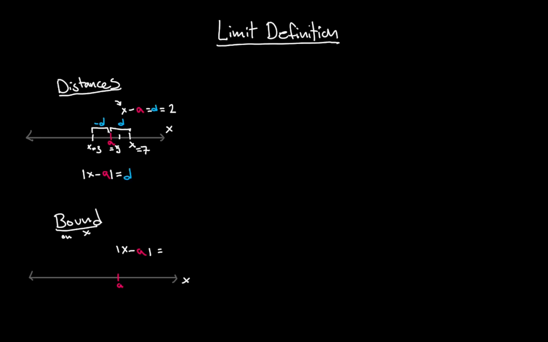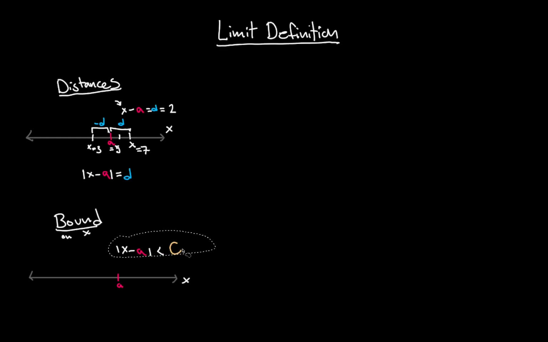But instead of talking about the distance, we'll make it an inequality. So we're going to say the absolute value of x minus a is less than some constant value c.